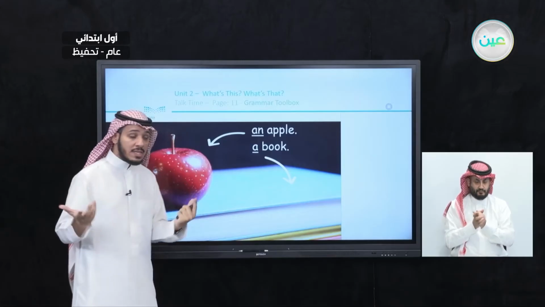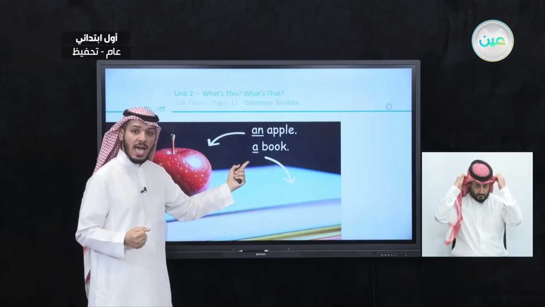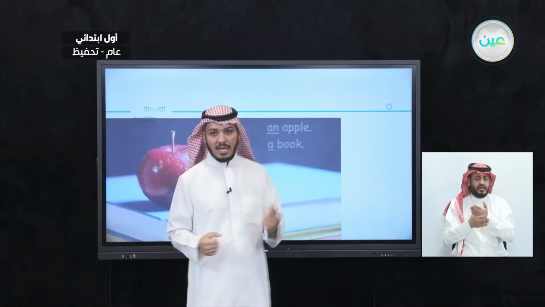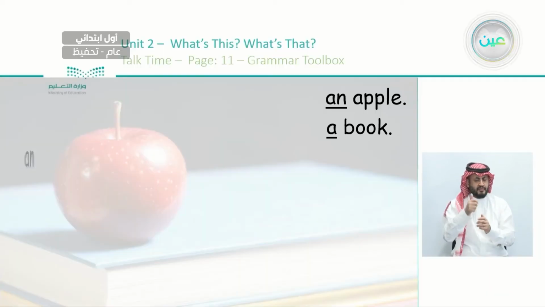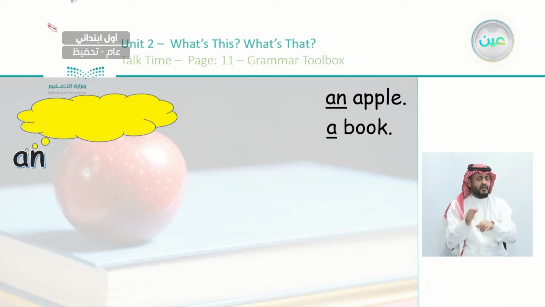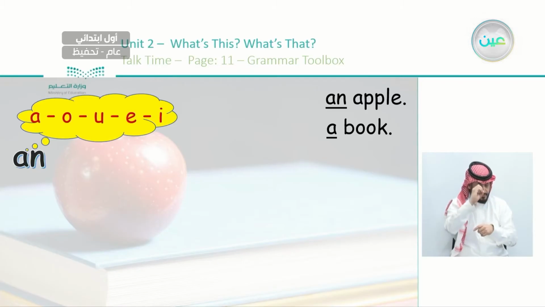Okay, why did I say an and a? What is the grammar here? So we have an apple and a book. When do we use an? If we have A, O, U, E, I at the beginning of the word. Look here, we have apple.